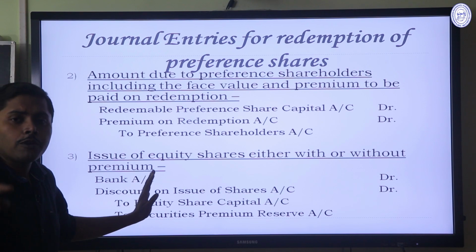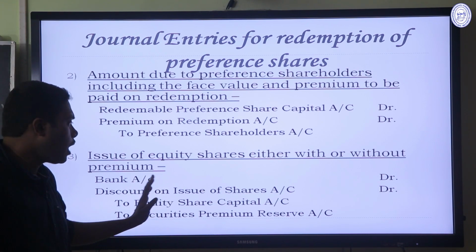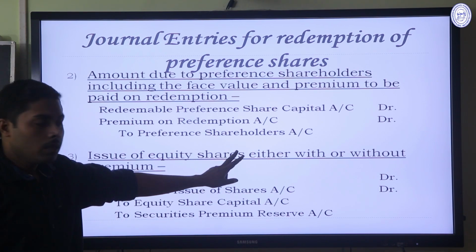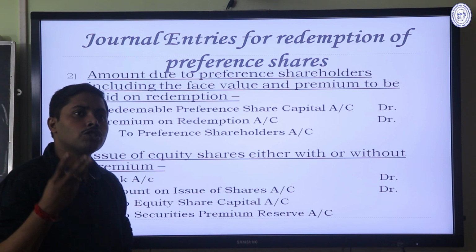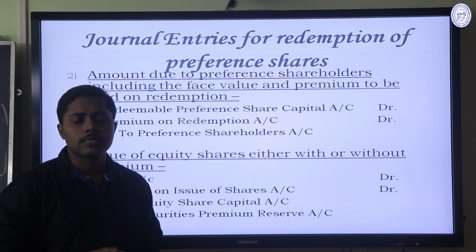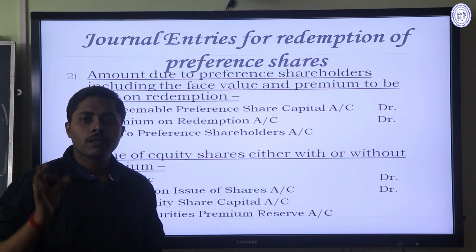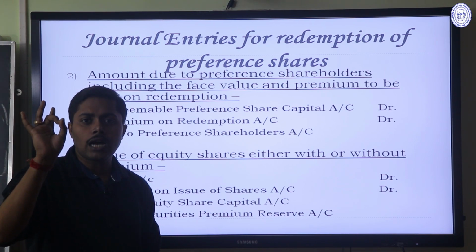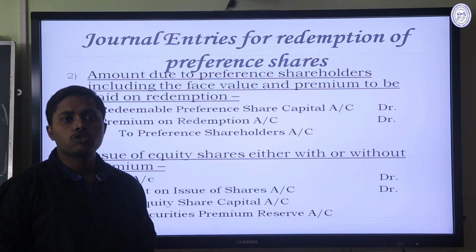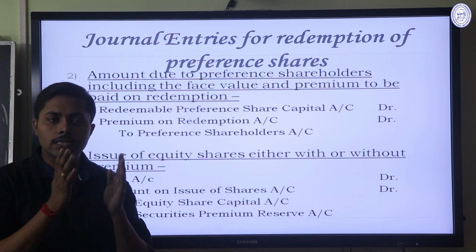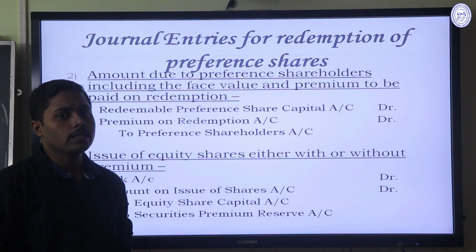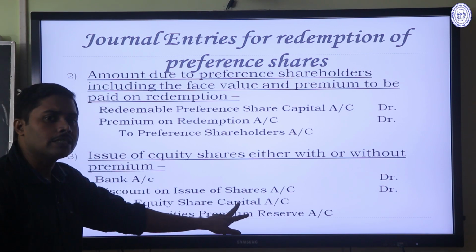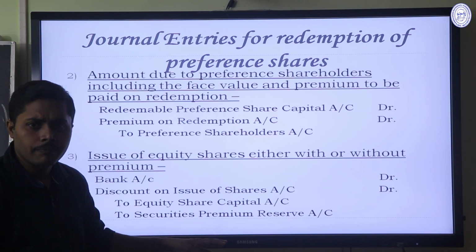Next, if you are redeeming preference shares out of the fresh issue, you have to make a journal of that. As you all know, fresh issue of shares, equity or preference, can be of 3 types: at par, at discount and at premium. If it is at par, that is shares of rupees 100 issued at 100, then the journal will be bank account debit to equity share capital or preference share capital.